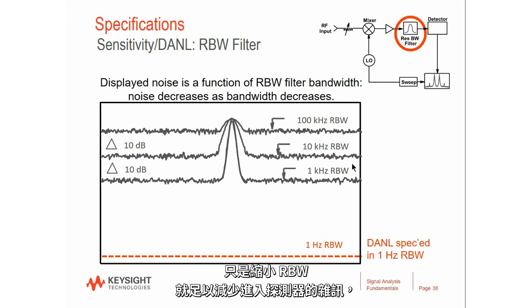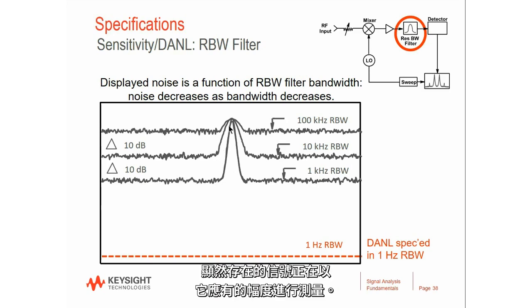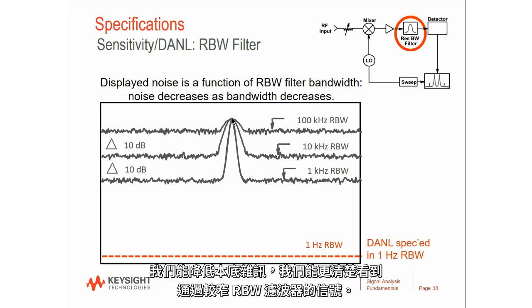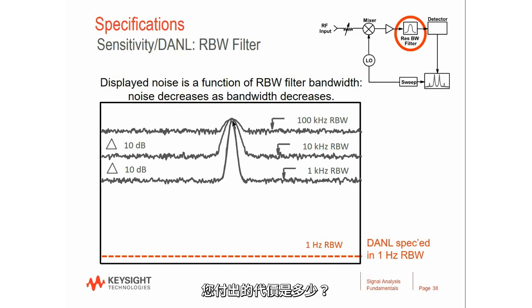And so just narrowing the RBW was enough to reduce the noise going into our detector, and so drops the noise floor where there is no signal present. Obviously, the signal that is present is being measured with the same amplitude as it should be. So we're able to drop the noise floor and we're able to more clearly see the signal by using a narrower RBW filter. What's the price you pay? Speed is probably the primary price you pay.